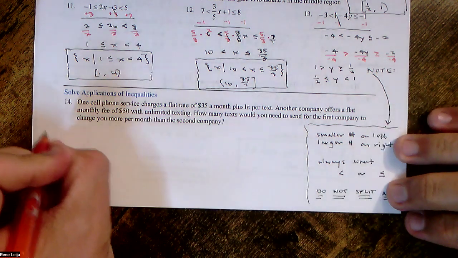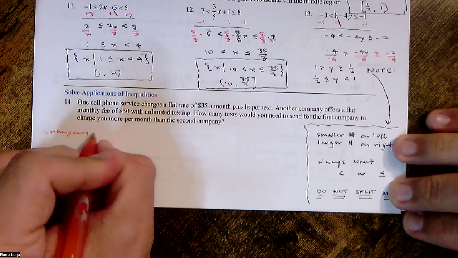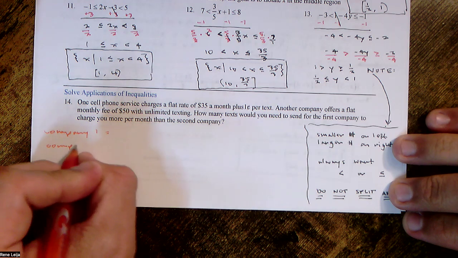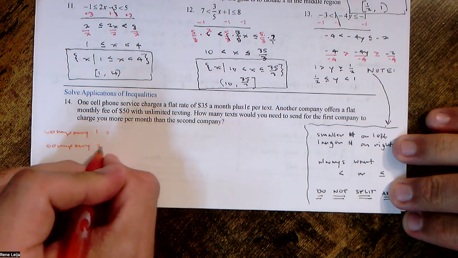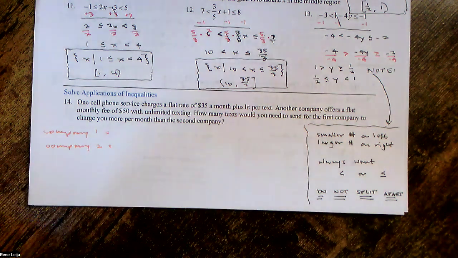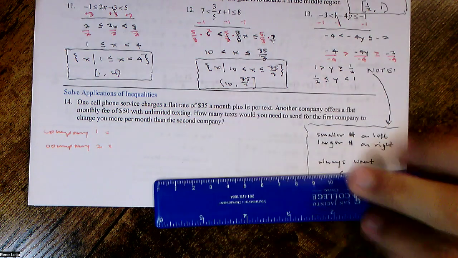All right, so the first thing is I notice we have two unknowns. So we're going to have company 1 and then company 2. Now, they told us what they're looking for. Okay, so they told us what they were looking for.